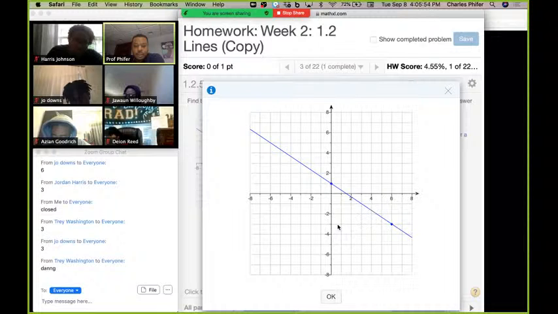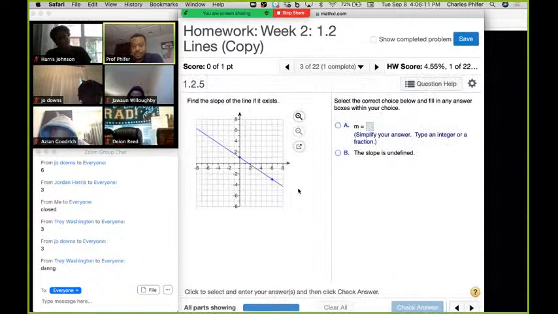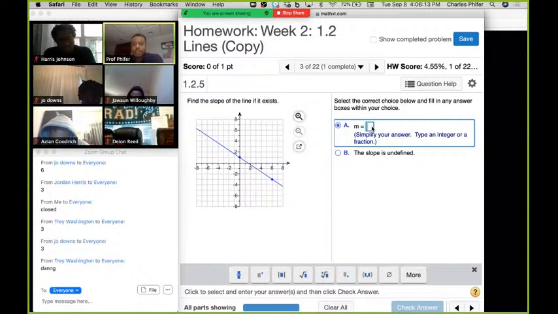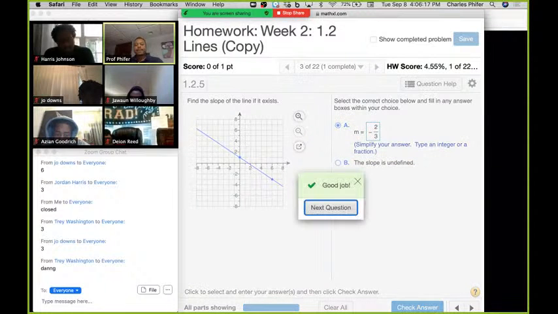We go down 1, 2, 3, 4, and then right 1, 2, 3, 4, 5, 6. So it's negative 4 over 6, which reduces to 2 by 3, so it should be a negative 2 by 3. That's it for that one.